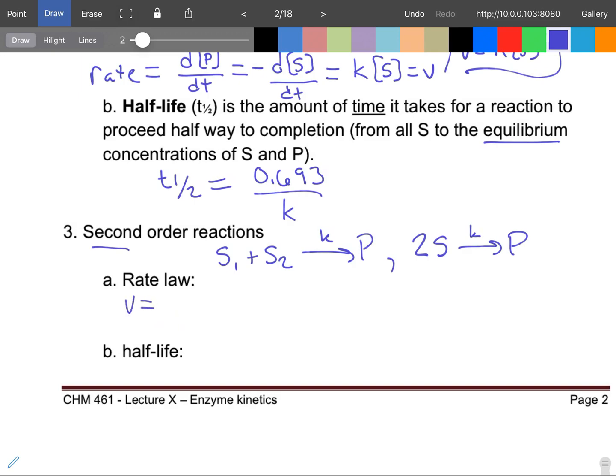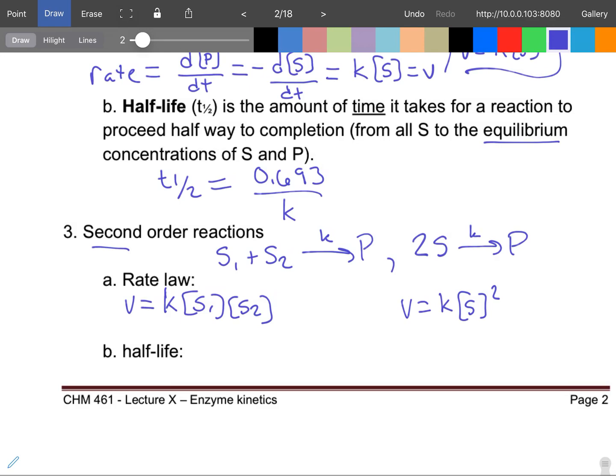So you'll have velocity of the reaction equals K times S1 times S2 for the first example, and this other one, it's going to be velocity equals K times the substrate concentration squared, because there's only one type, just the regular one. It's only one of them.